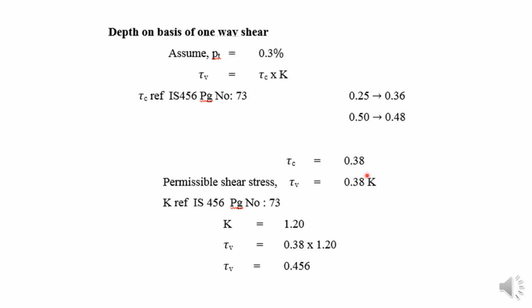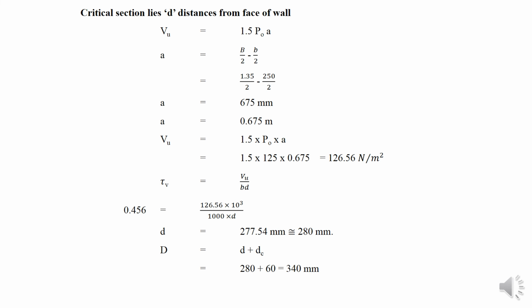So tau C is equal to 0.38, and tau V is equal to 0.38 into k, that is a factor. On page number 73 we get the value of k is equal to 1.20. So tau V is equal to 0.38 into 1.20, so tau V is equal to 0.456.